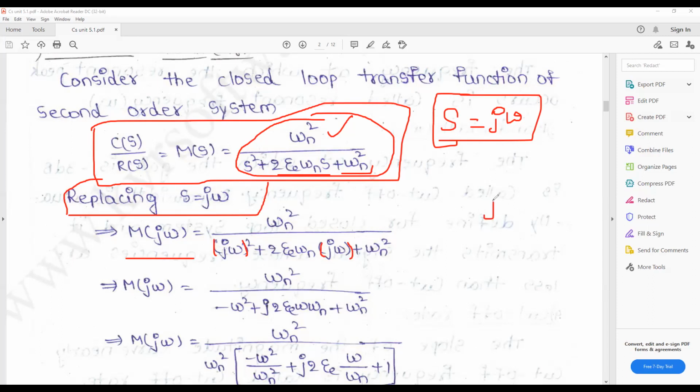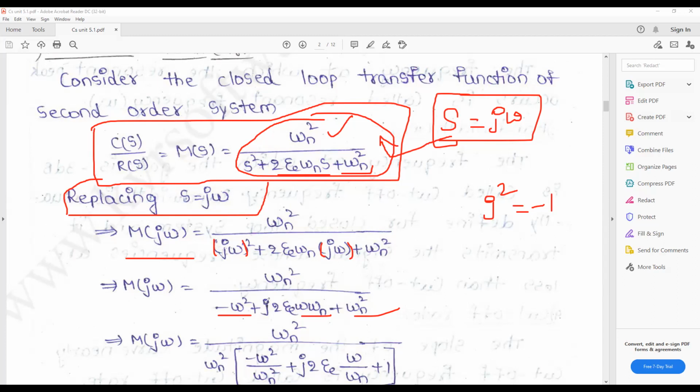So j square means minus 1. So j square omega square is minus omega square, plus j into 2 zeta omega into omega n, plus omega n square. So in the frequency response, put S is equal to j omega in the transfer function. This is the standard form of the closed loop second order system.